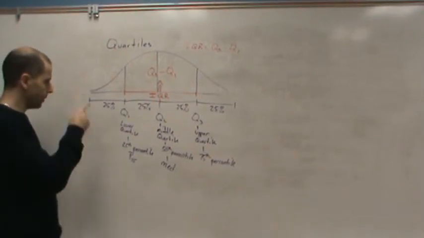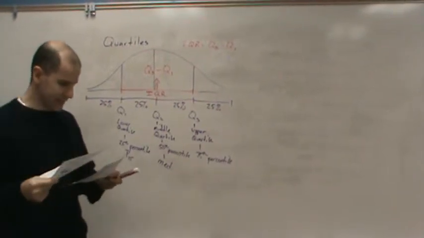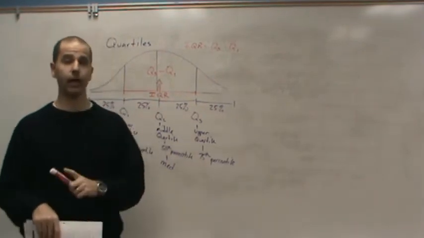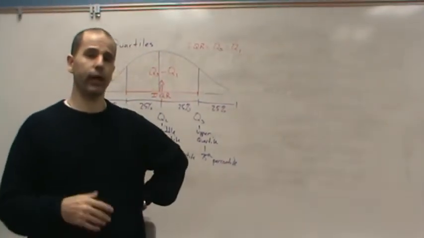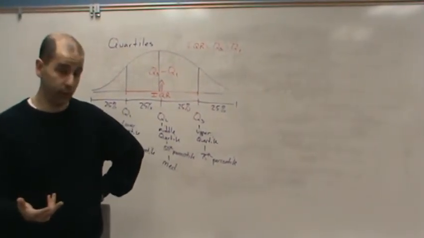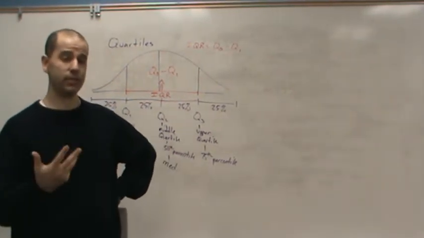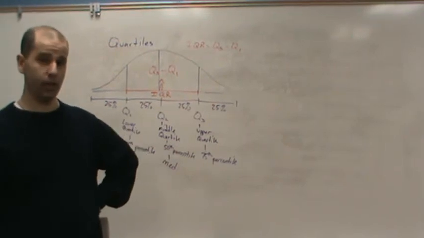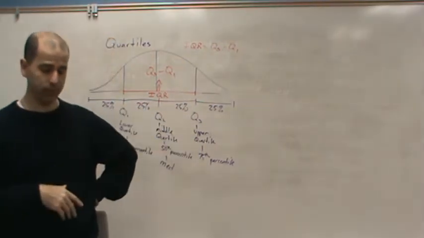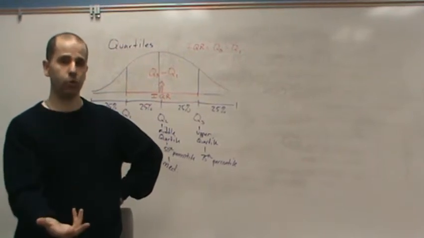Now let's talk about outliers, because this gives us another aspect of outliers. In the previous video, when we talked about standard deviations and outliers, the one rule that's common is that if something is outside 2 standard deviations from the mean, or 3 standard deviations, but typically 2, we would call that an unusual value.